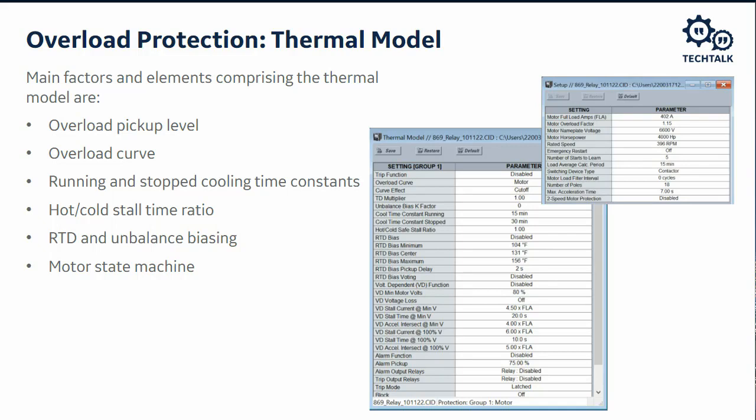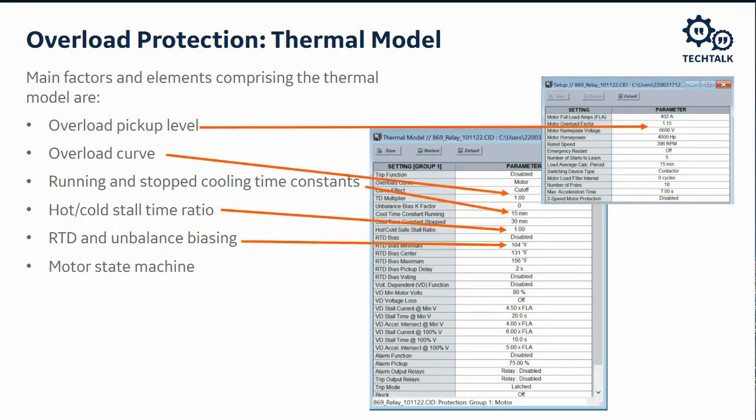The settings that are going to be necessary to build the thermal model are listed over on the left, with the two most important things being the overload pickup level and the overload curve. If we look at how those things map out, we're going to set the overload pickup level in the motor settings, and that's where we're going to give it a setting of overload factor.